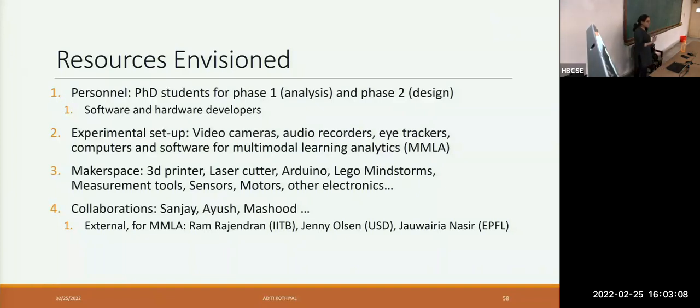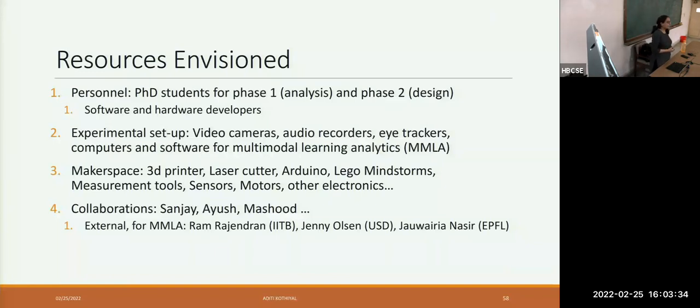So yes, setting up the makerspace would be a challenge. That is where I am hoping for people with the expertise, and from what I've seen in the 2 days, there is a lot of expertise within HBCSE of people who know how to make things, who know how to fabricate, and I hope that I will be able to work with them and set up a makerspace.